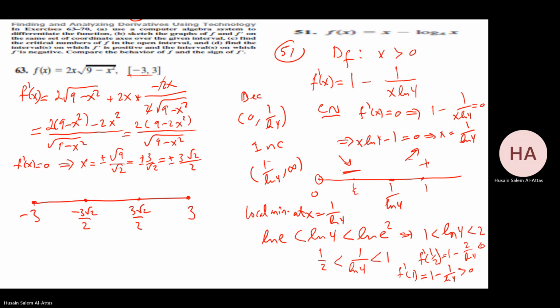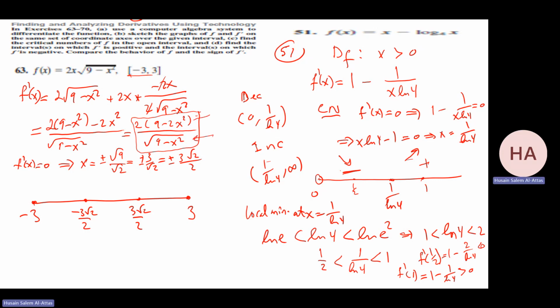If I take a value here, what is f prime? This is my f prime. This one will make no change about the sign.